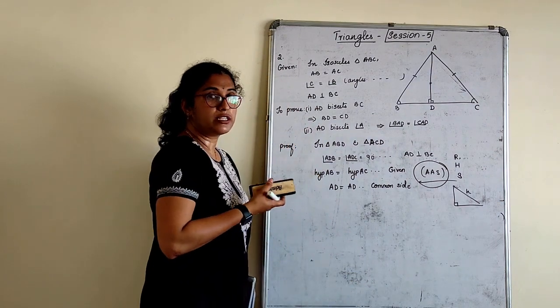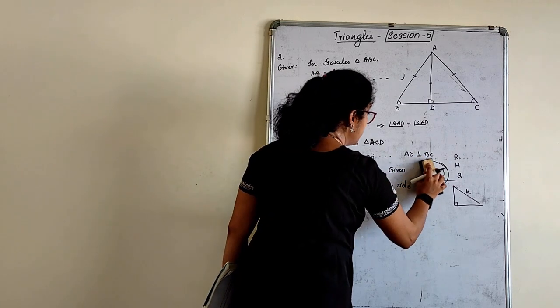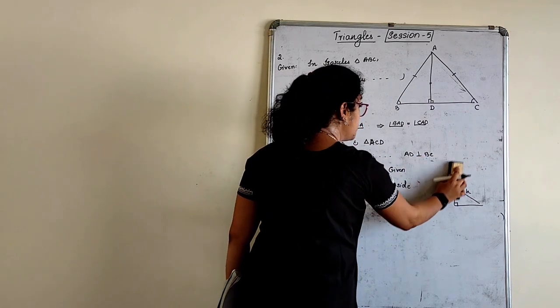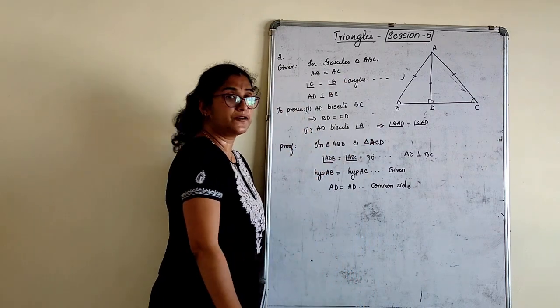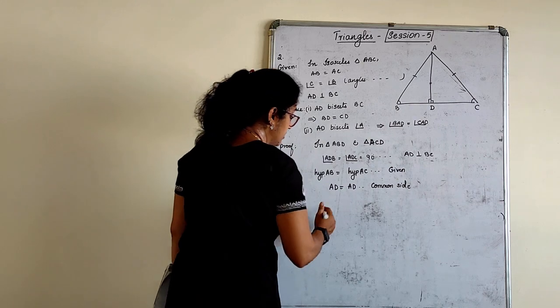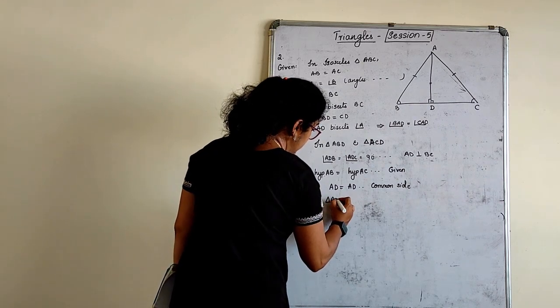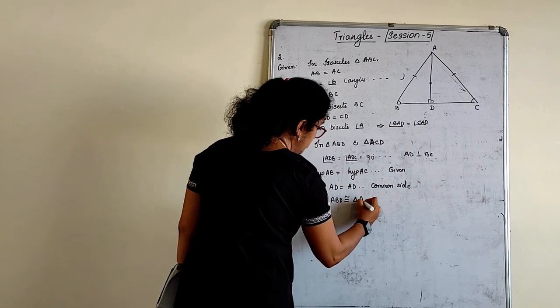Okay, as a shortcut I have used HYP, write the full form if you want. Hypotenuse has to be written. You just cannot say AB is equal to AC because that also will look like a side. So write what type of side it is. It's a hypotenuse. So one right angle, hypotenuse and a side. Triangle ABD is congruent to triangle ACD.